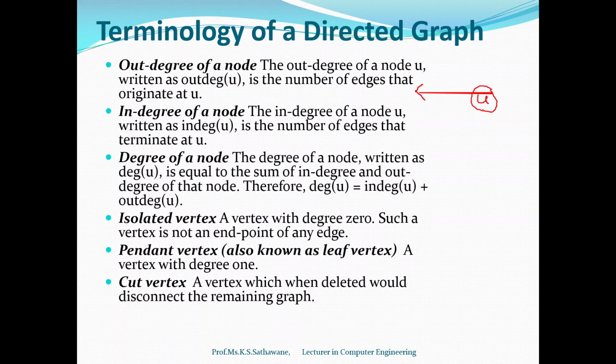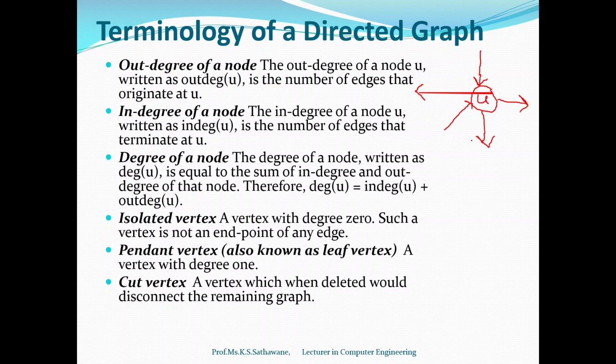Number of edges that are coming out of U. So if there are 3 edges coming out of U, then the out degree of U is 3. In degree of a node U, written as indegree of U, is the number of edges that terminate at U. Means starting from some other node and terminating at U. So here the in degree of U is 2.